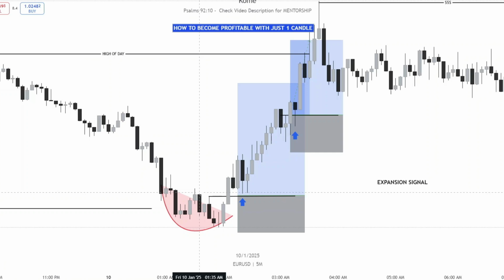So the next thing is we want to know what is price doing in the first 15 minutes of the hour. Each hour counts for each session. We have 4 hours in each session, and we have about 12 candles in an hour. So that 12 candle window is very, very important.